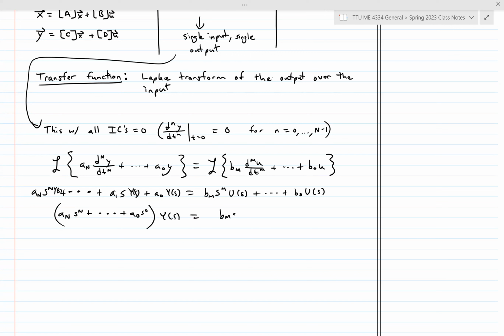Do the same thing over here. And then we just need to divide by this to get Y over U. And that is our transfer function for this generic case.